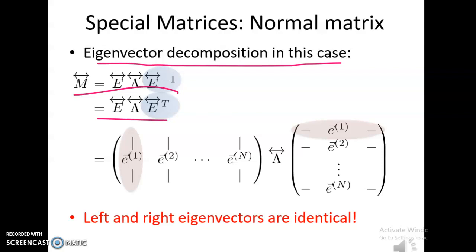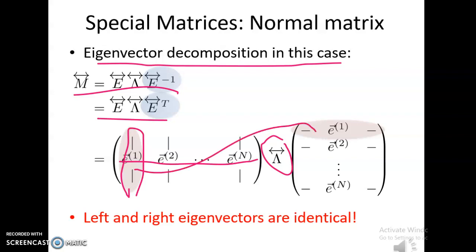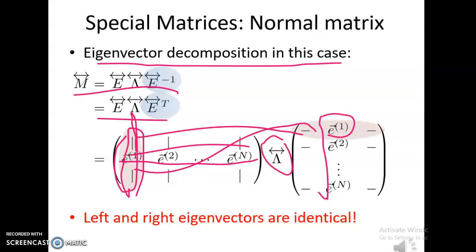Here the first column becomes the first row: E1 transpose, E2 transpose up to En transpose, and this column comes here as a row.